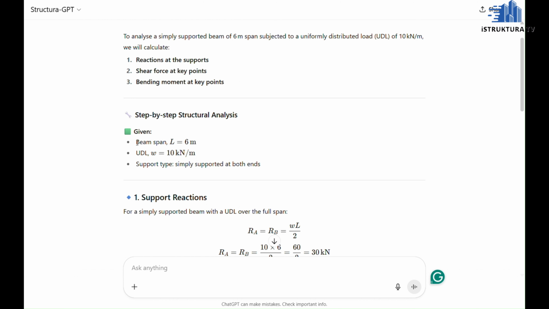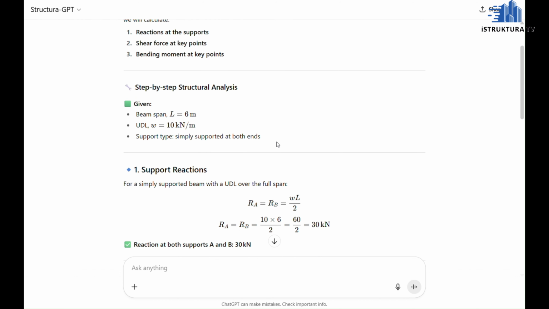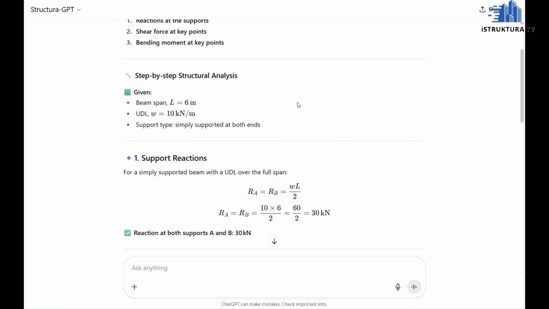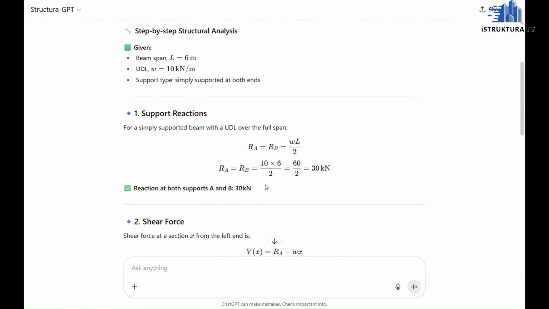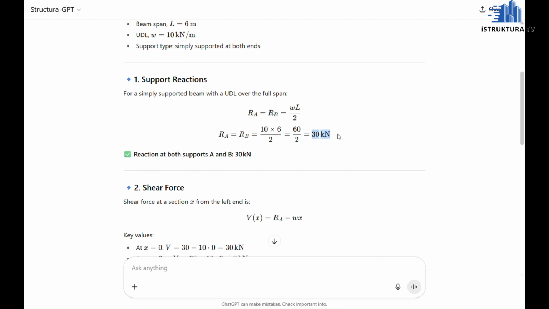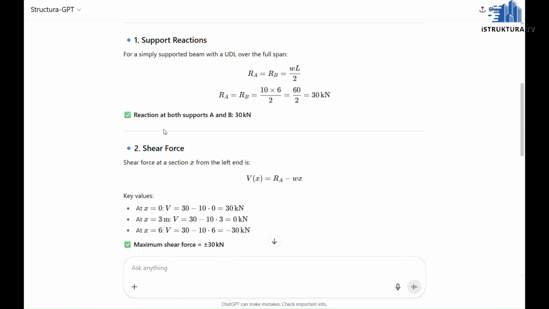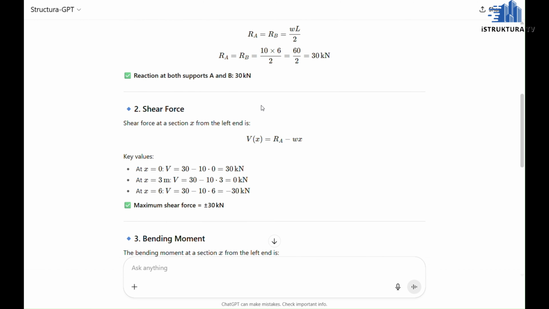So we have a beam span of 6 meters, a UDL of 10, and the support type is simply supported. The support reactions we calculated earlier as 30, at point A and point B, same calculations we did, similar to the manual and the ETABS.